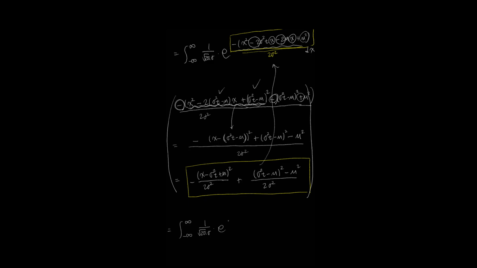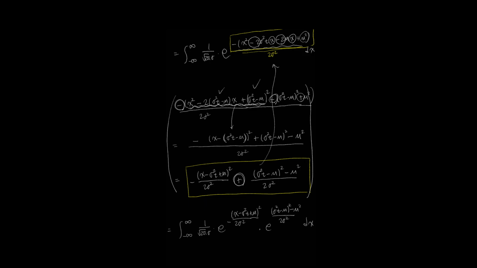So it's going to be minus the square x minus sigma squared times t plus mu, squared, and then because it's plus, it's going to be multiplication, so it's going to be sigma squared times t minus mu squared and minus mu squared, like this.